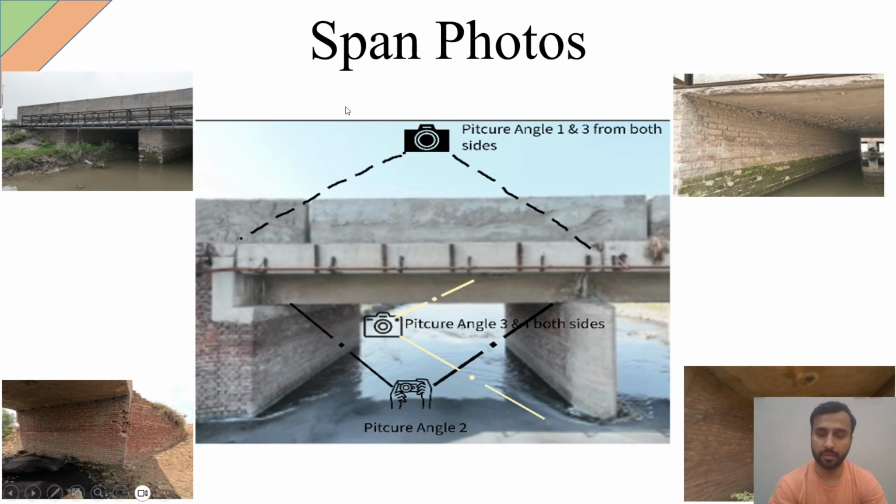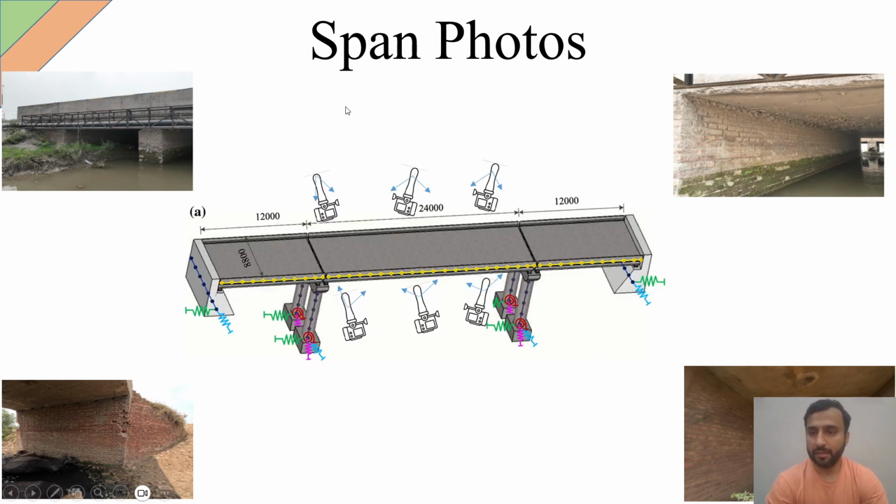Here are some examples. In case you are unable to go beneath the structure because of standing or flowing water, you may require more images for the span overview, like the six positions indicated here, one, two, three, four, five, six, with two directions for each position.